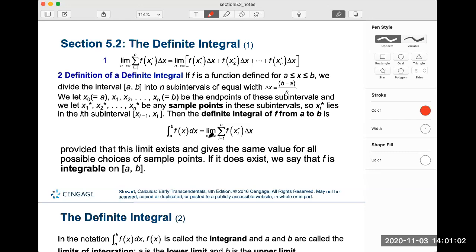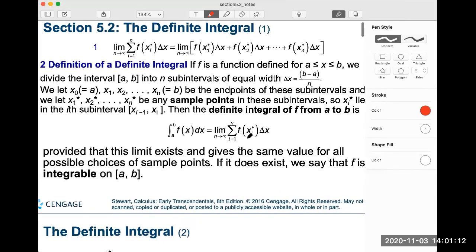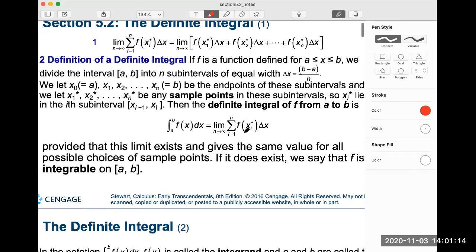We defined it. There's the limit here: the limit as n goes to infinity of the sum from i equals 1 to n of f of xi star delta x. Okay? The xi star are the same sample points.